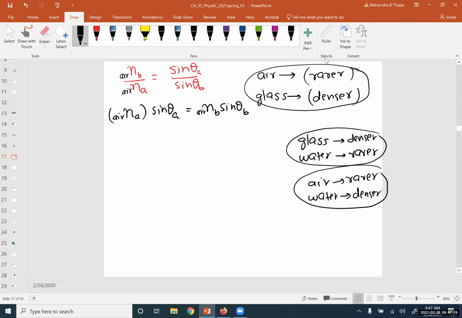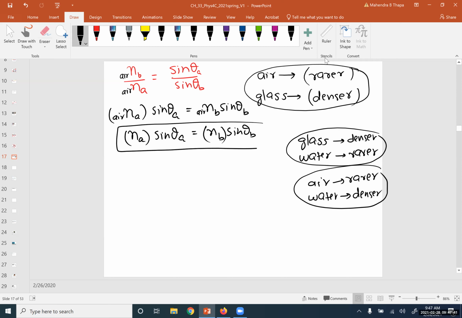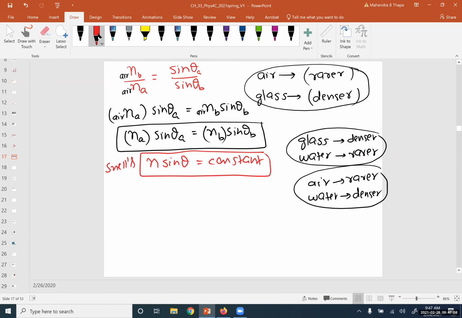So simply, n_A sine theta A equals n_B sine theta B. This gives you the idea that the product of refractive index and sine theta is always constant. This is also another statement of Snell's law.